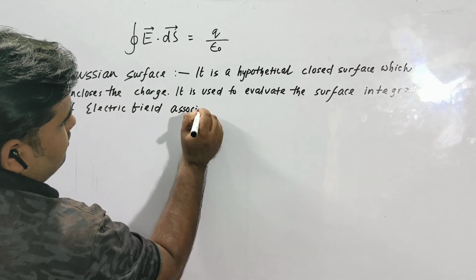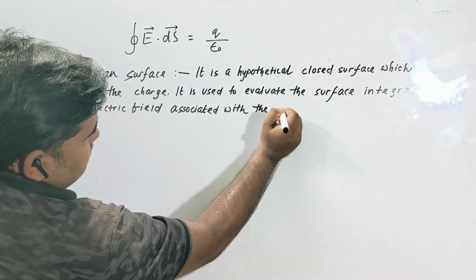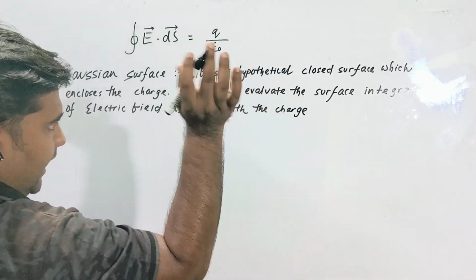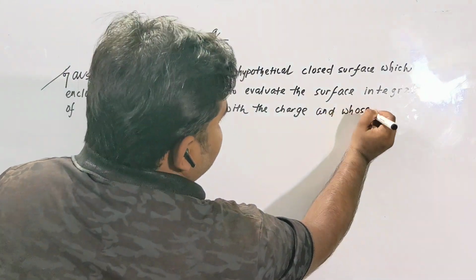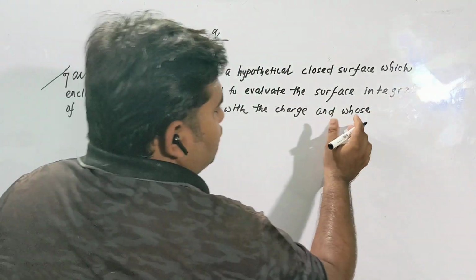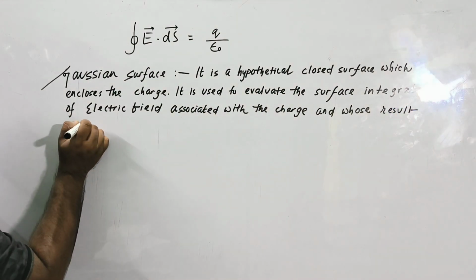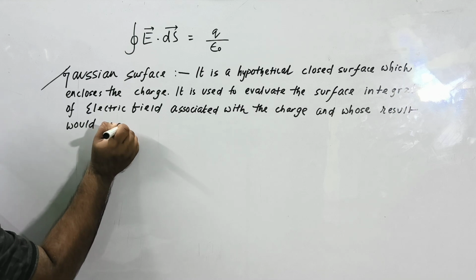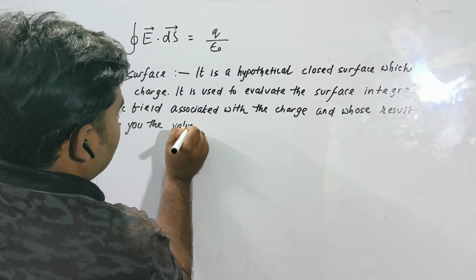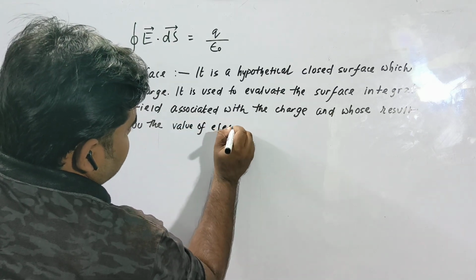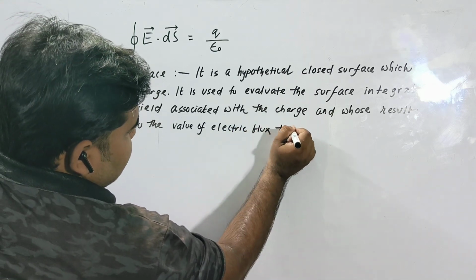And whose result, what is this? This is flux, and whose result would give you the value of electric flux through that surface.